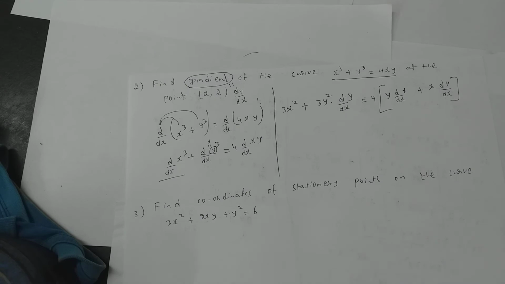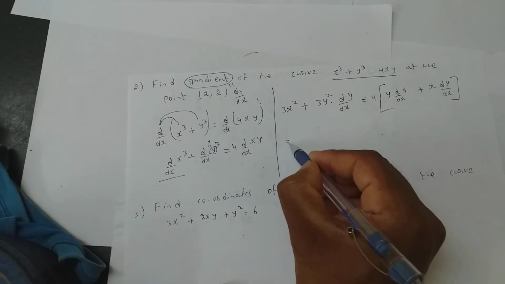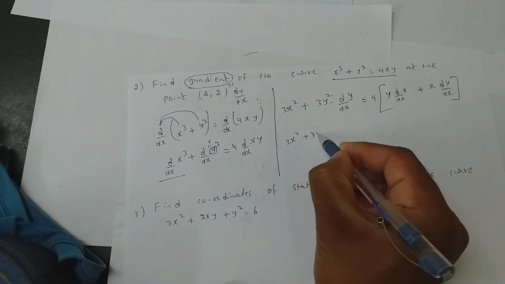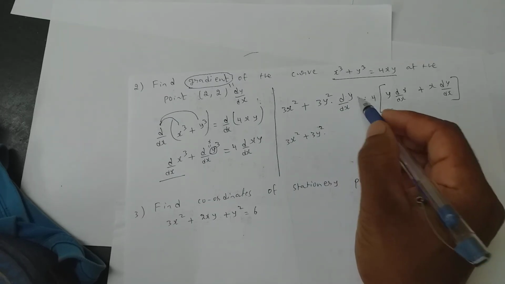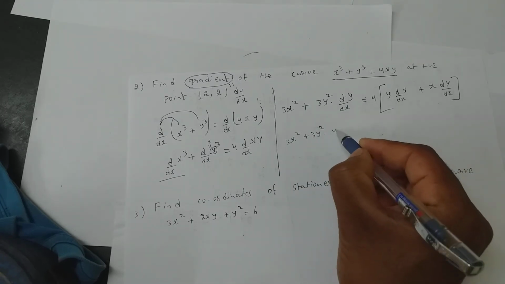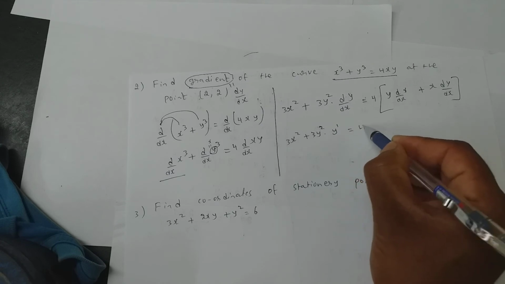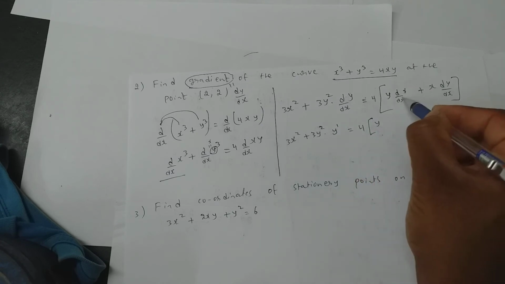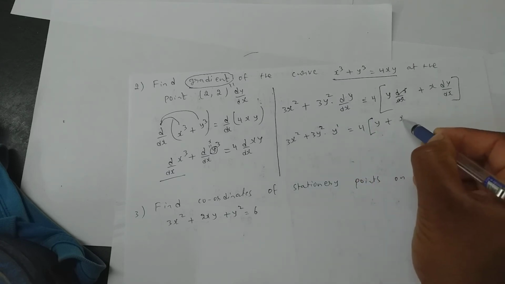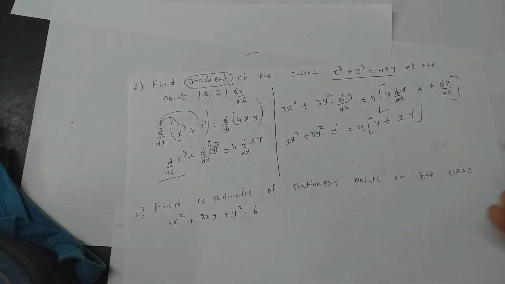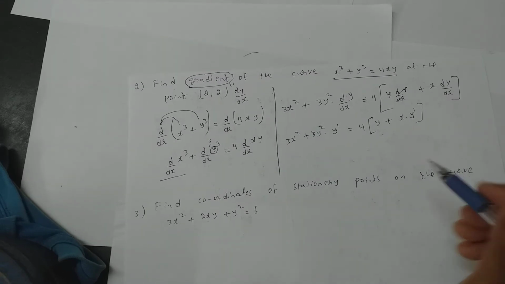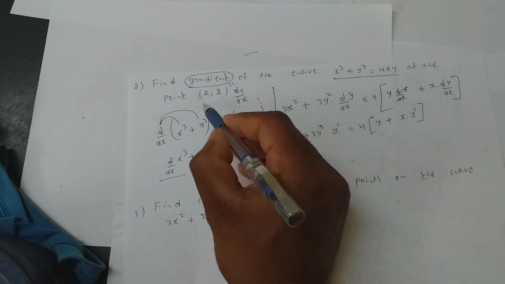Am I clear? So let us write. So it is 3x square plus 3y square y dash. I don't want to write dy by dx. Easier, y dash equal to 4 times of y plus x into y dash. Clear? Now I want dy by dx at this point.